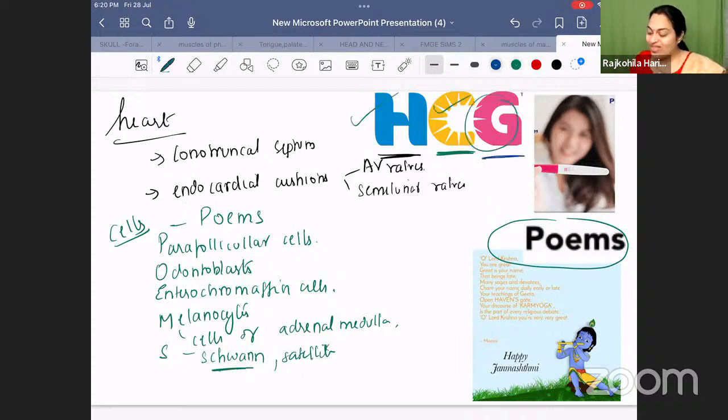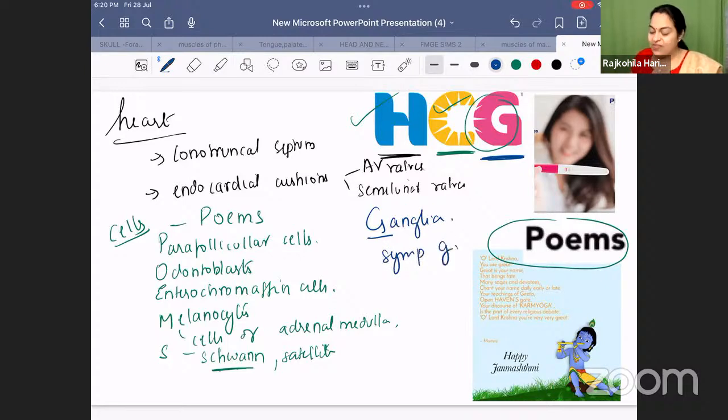G. What does the G stand for? You know the neural tube is going to give rise to the central nervous system, the brain and the spinal cord. The components of the peripheral nervous system, the autonomic nervous system, sympathetic and parasympathetic, are going to come from the neural crests. So G stands for ganglia. What ganglia?